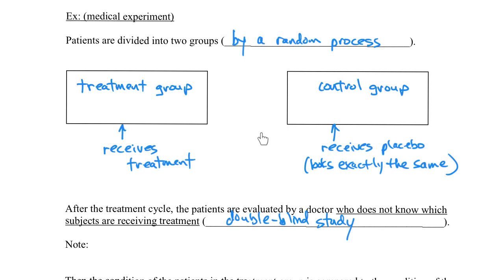Most of the time, both will improve. The question is, did this group improve a lot more than this group? Right? Was there a measurable difference here? And we'll talk about statistical significance later on, but that's what we're looking for. So this is a double-blind study. It's really important. So maybe mention one more thing here.